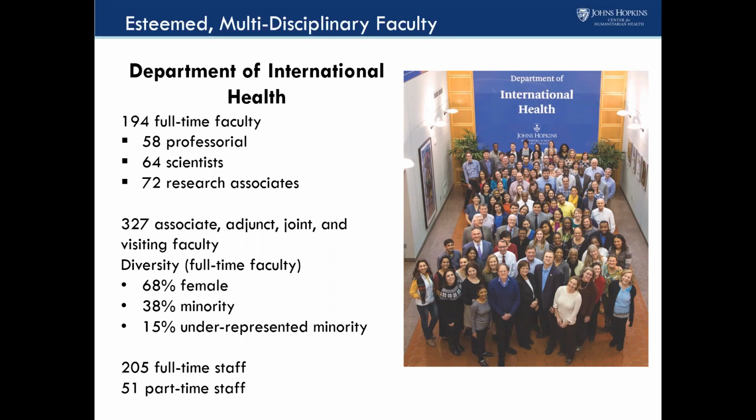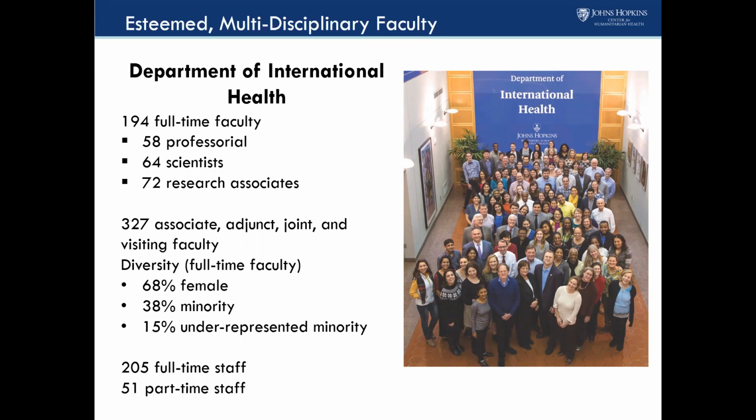But we do have a variety of different types of people. We have the traditional professors who are involved in teaching, research, and service. We have our scientist track where people are focusing primarily on research with the help of research associates. And then we reach out into communities, into agencies that we collaborate with in different countries, and have associate adjunct appointments.